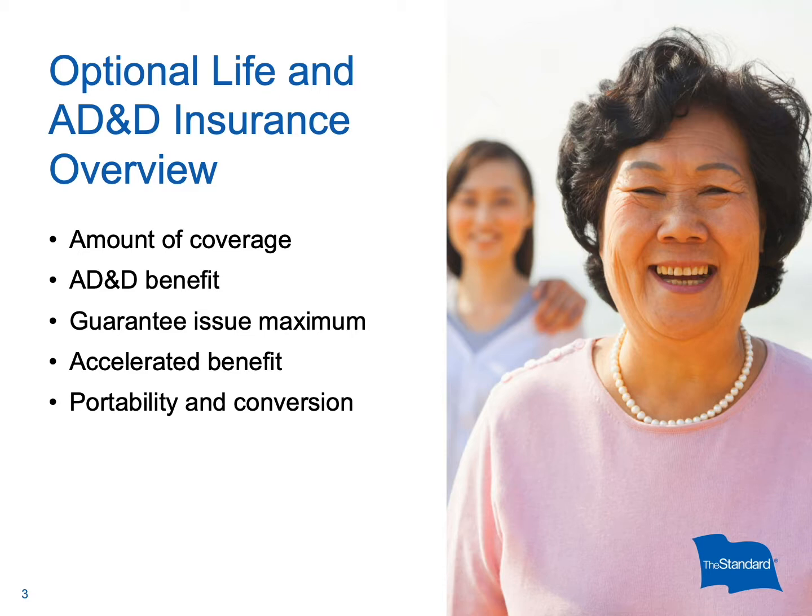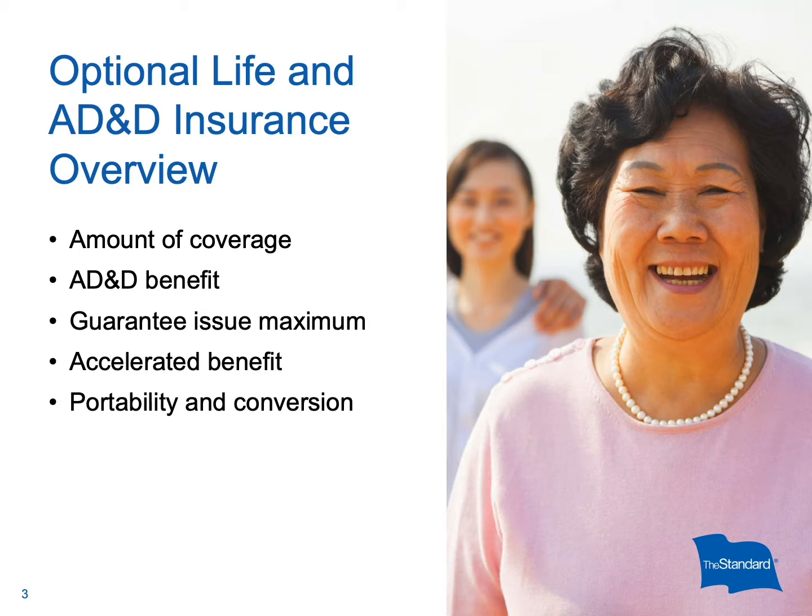There are several options to consider when deciding to apply for optional life and/or optional AD&D insurance. Amount of coverage. You may apply for an amount of optional life coverage within the following schedule: $10,000 to $500,000 in increments of $10,000. AD&D stands for accidental death and dismemberment.